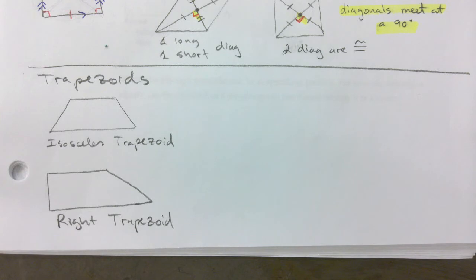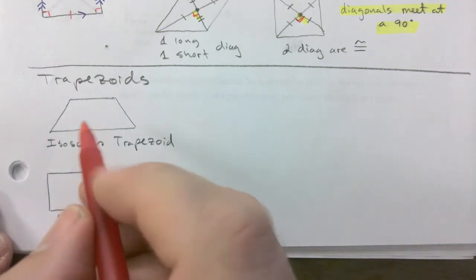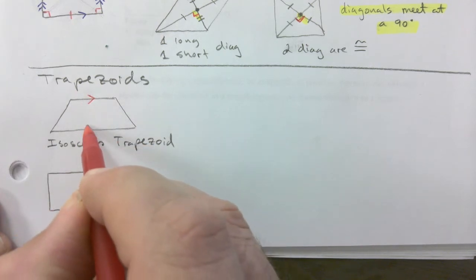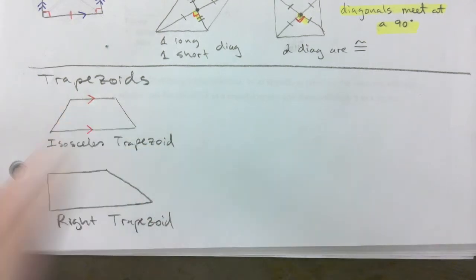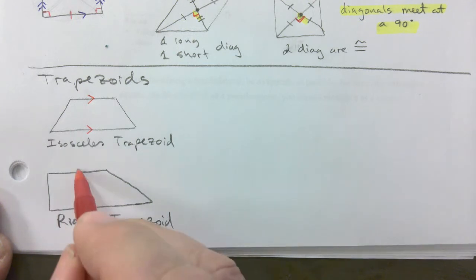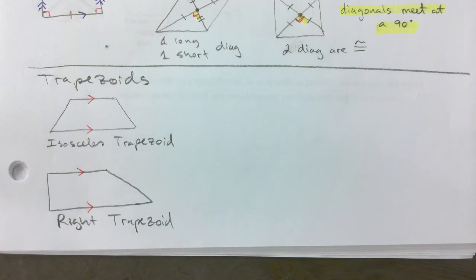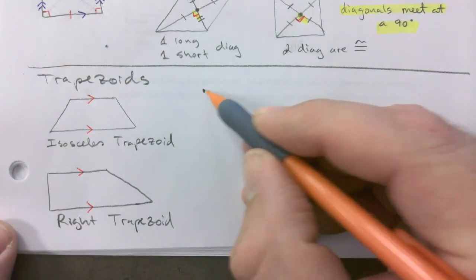So I always like to talk about what's true for both of them first. And in this case, this side is parallel to that side. So this has one pair of parallel sides, and so does this one. Okay, so how about we write that down?